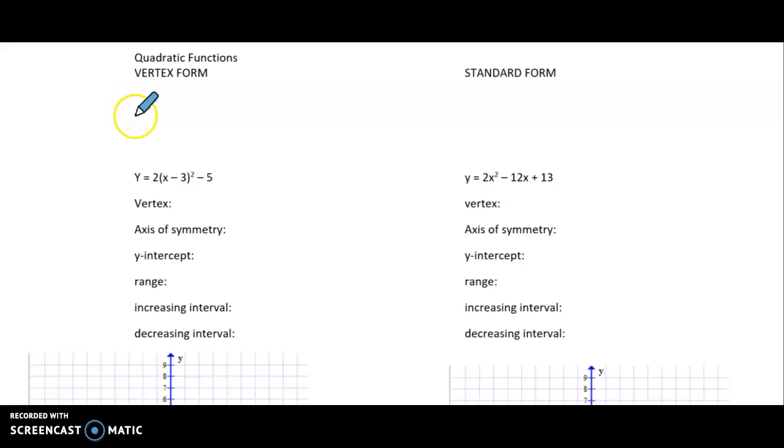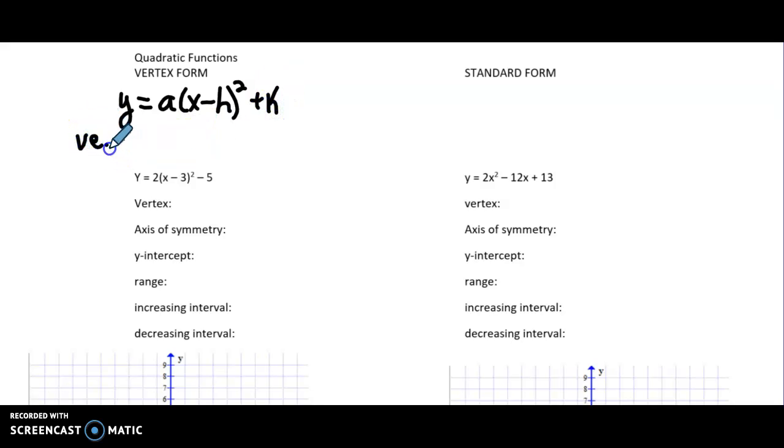Just like with equations of lines, we have slope-intercept and standard form. It's very similar. They're still the same parabola, the graph would be the same, but they're written in different forms. Let's see, the vertex form is y equals a times x minus h squared plus k.